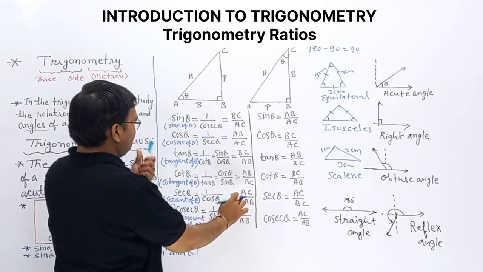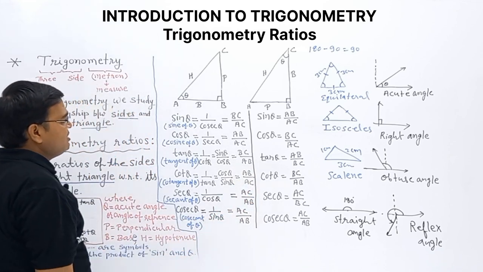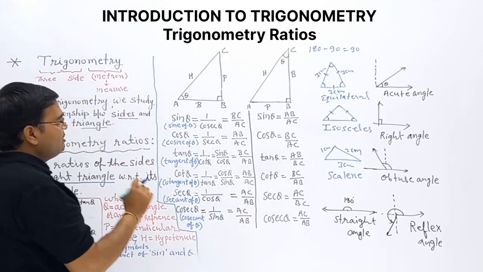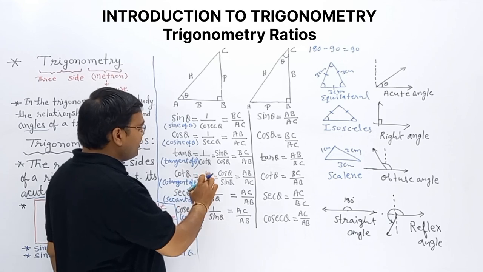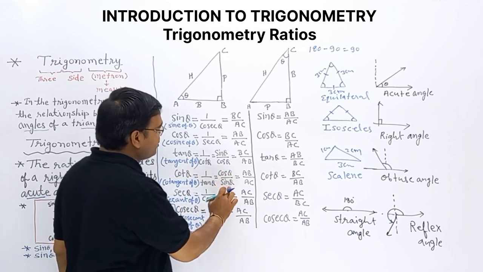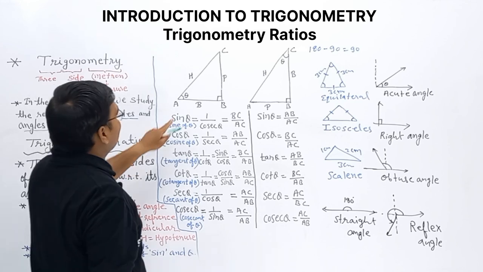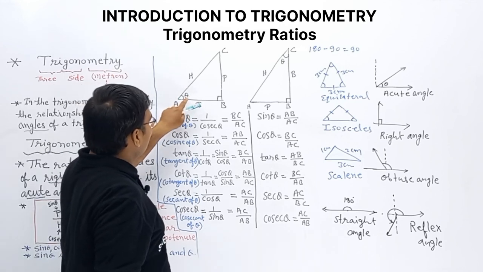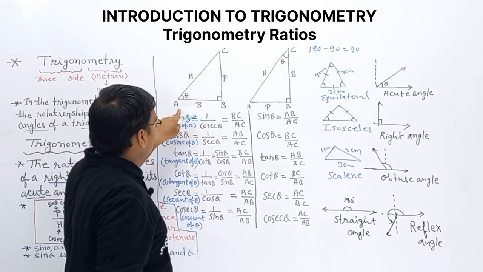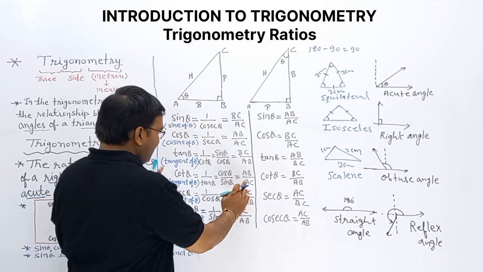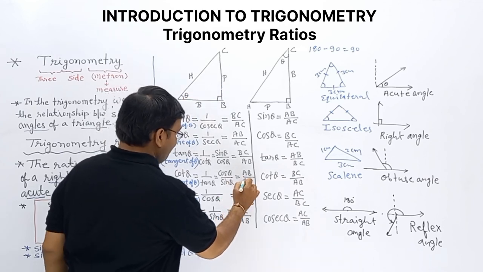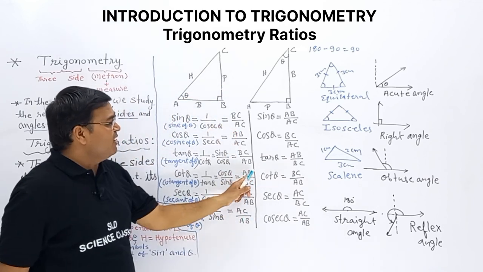We are reciprocaling this one. Cot theta equals 1 by tangent and it is cos theta upon sin theta. And cot theta is base upon perpendicular. For this acute angle, this is the base, this is the perpendicular. So AB upon BC. Clear?